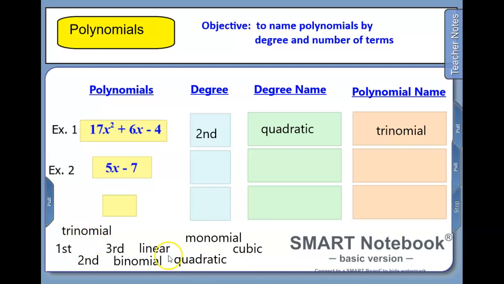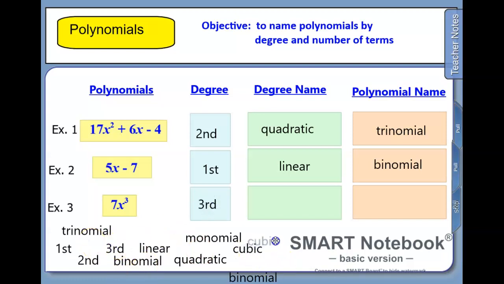This is a binomial. It's a first degree, and first degree equations or expressions are linear. Try this one. This is a third degree.